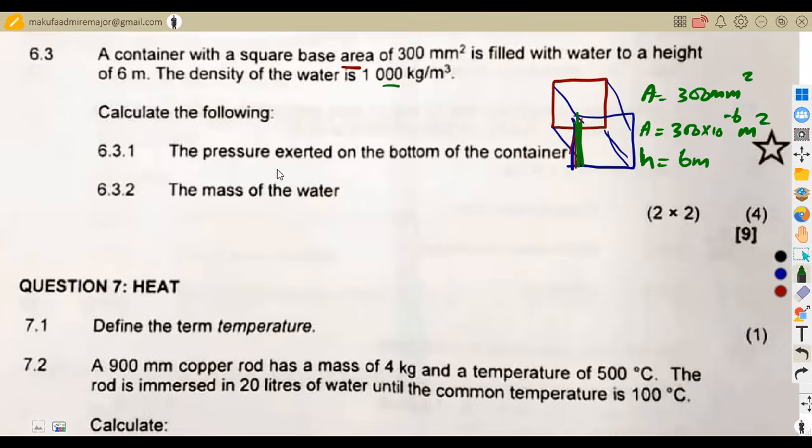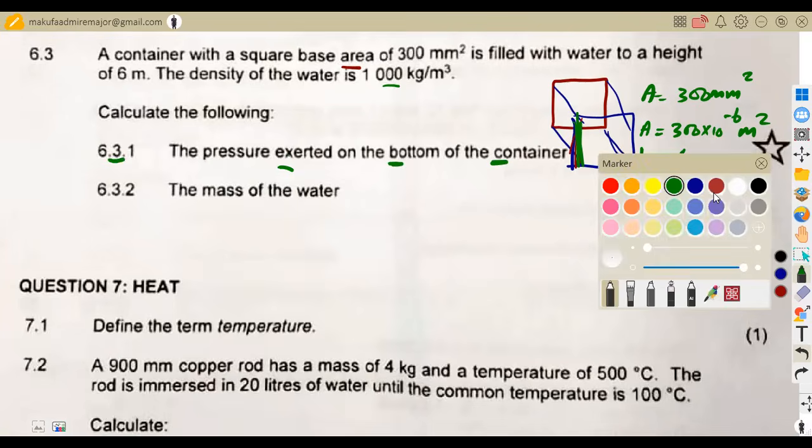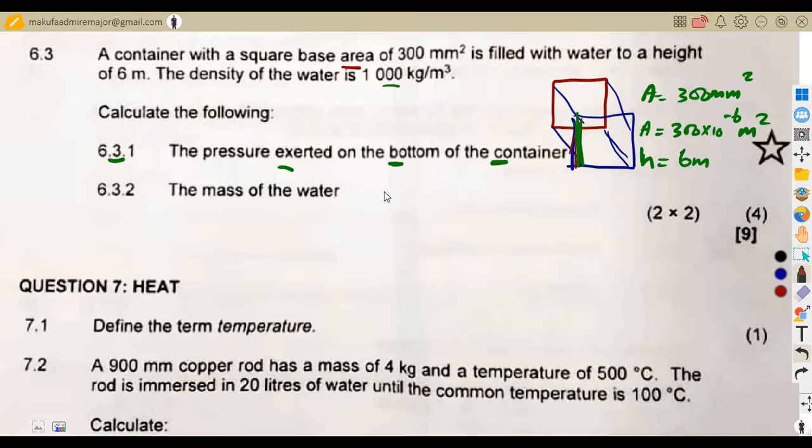The question is to calculate the pressure exerted on the bottom of the container. Remember that the pressure is simply the product of density times gravitational acceleration times the height.